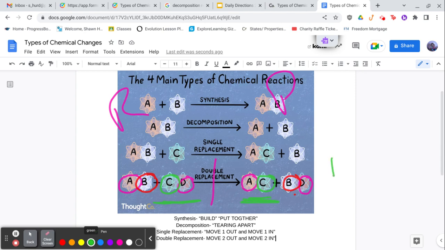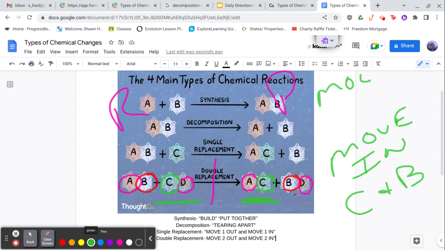And because you have the move in of letter C and also letter B, but you also have the move out of B, and also letter C is the move out.